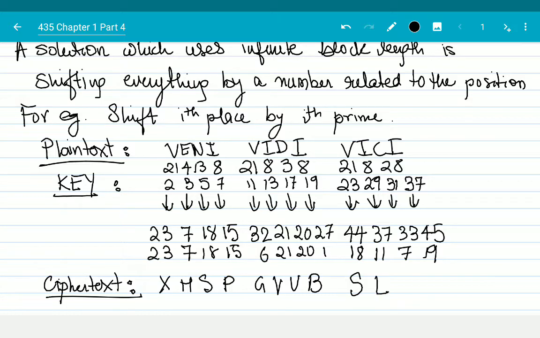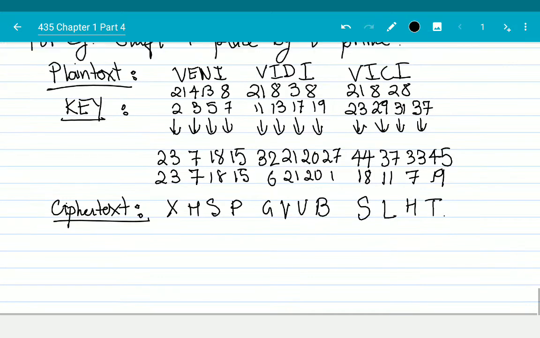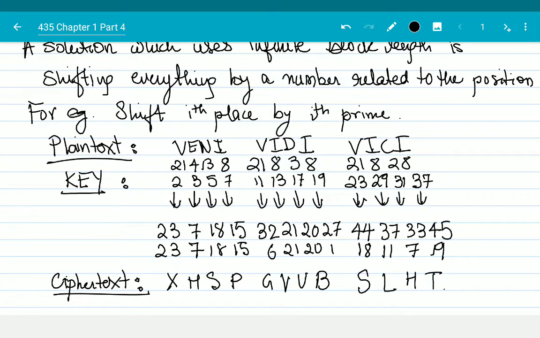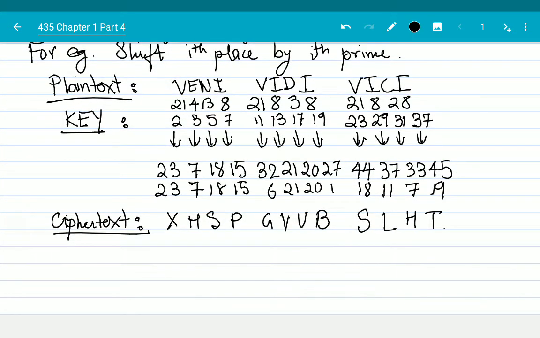L. H, and 19 is T, right? And so this is now again something that has infinite length, and so this is going to be slightly harder to break.